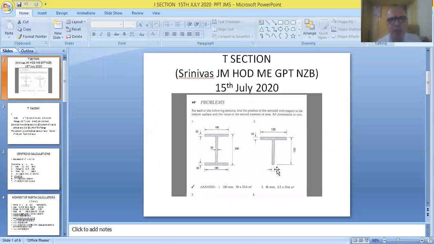It is obtained by taking half of this value. So X bar is written as 12 by 2, which comes to 6 centimeter. This 6 centimeter is measured from the 2 axis, taken from the left hand side of the flange.